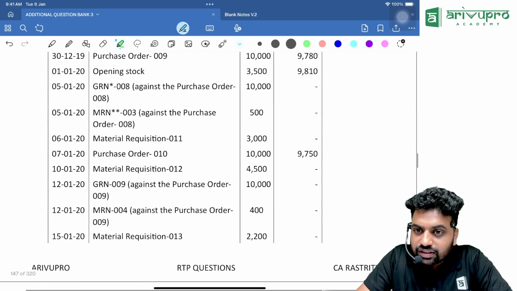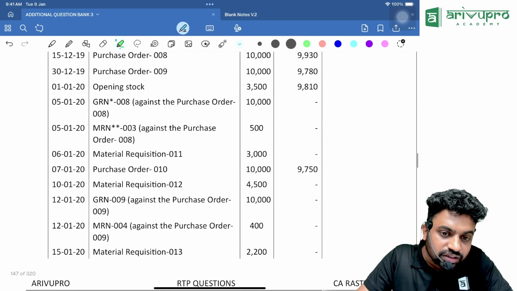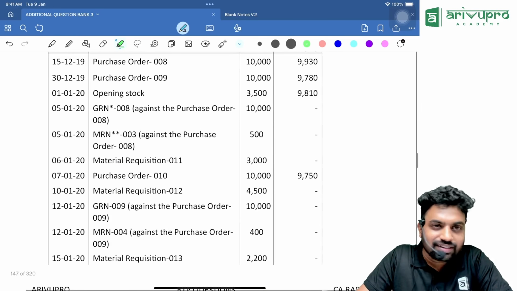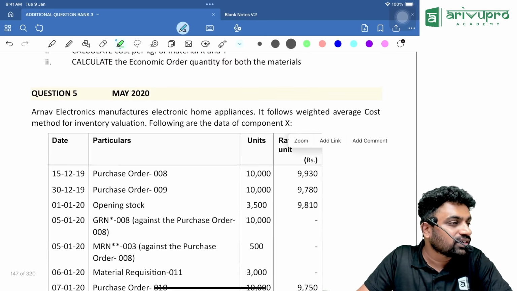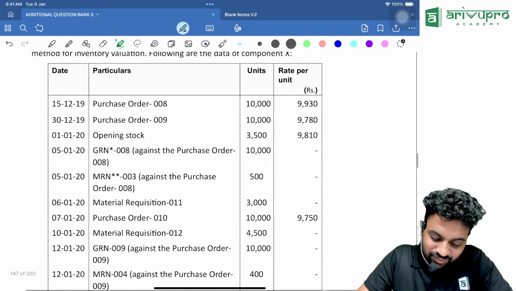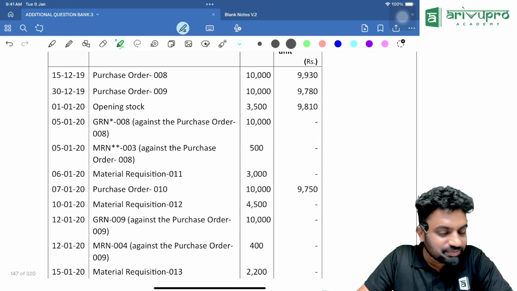You got 840, rounding off difference. That's fine. Sir, 18 lakh. They're telling in crores. Is it? Check once, okay.